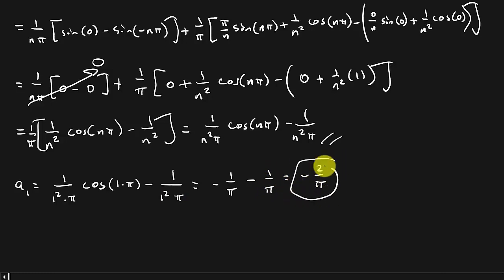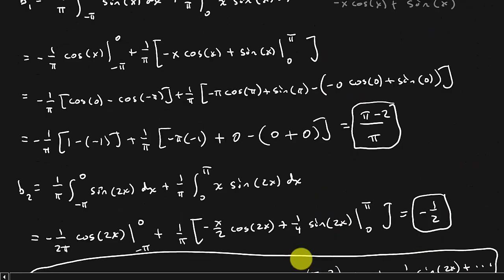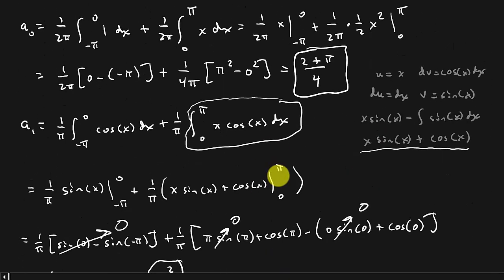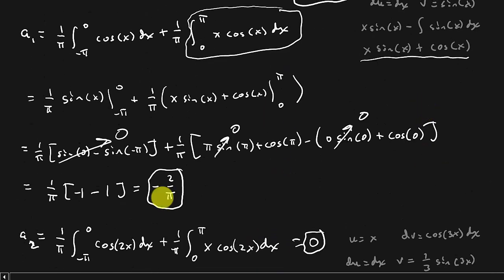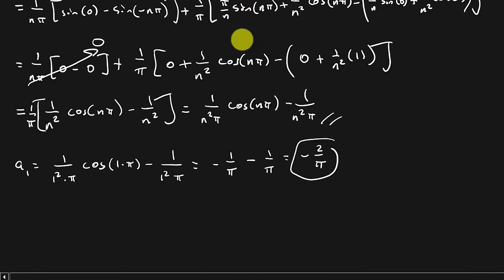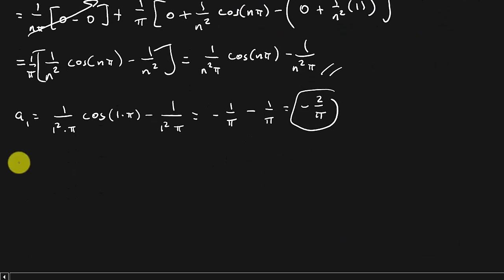Look at that. Let's go see what we got for a1 up here. Where is it? There it is. -2 over pi. See that? And then you could go and find a2. Okay. So a2, that means n is 2.